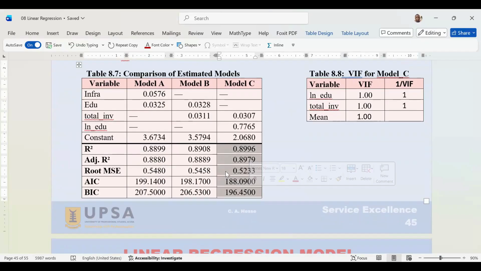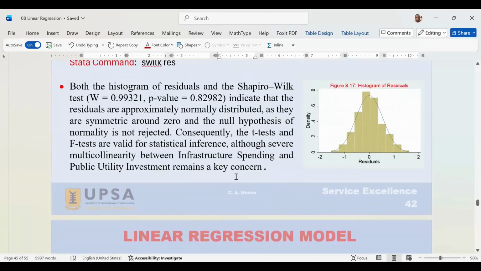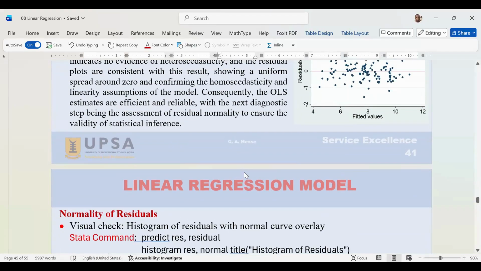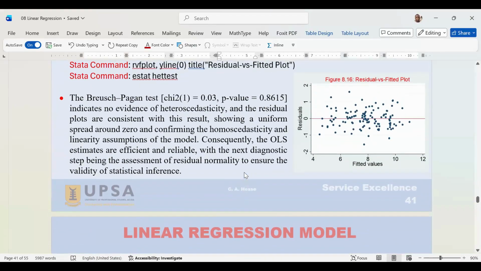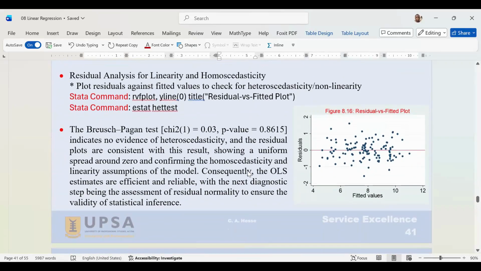I asked that because the linearity assumption was not violated. Usually we do transformation when the linearity assumption is violated. But in this case, it was not violated, because when you look at this plot, it's not V shape, it's not funnel shape.